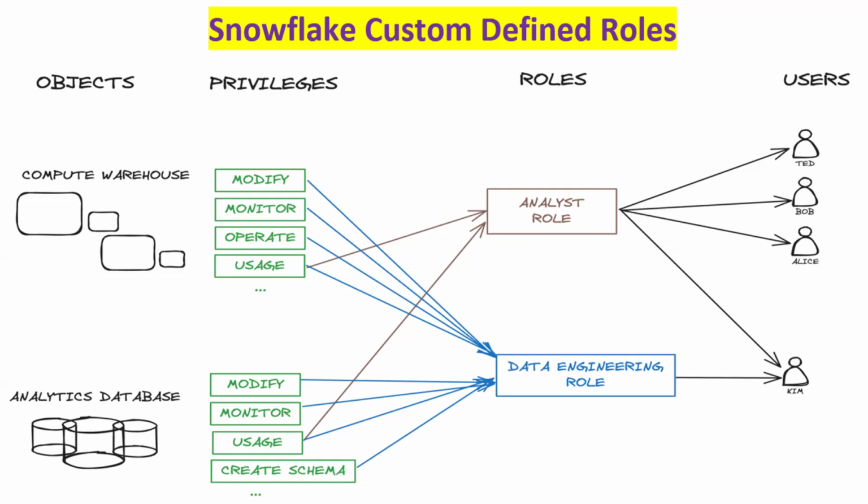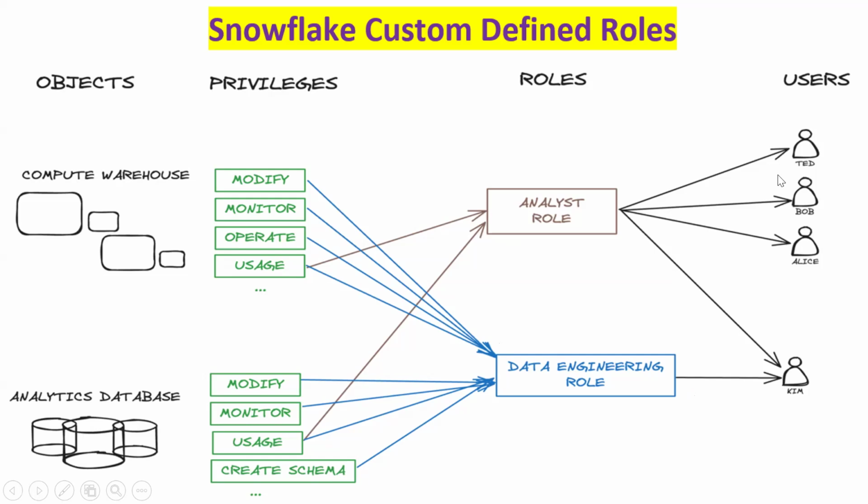But not everybody will directly get this create schema privilege. You need to grant create schema to the role data engineering. Once this guy gets this role, automatically he will be able to create a schema. He is not directly getting the create schema access; he is getting it through this data engineering role.